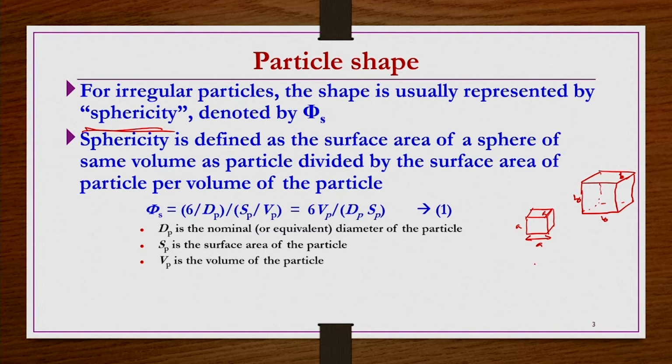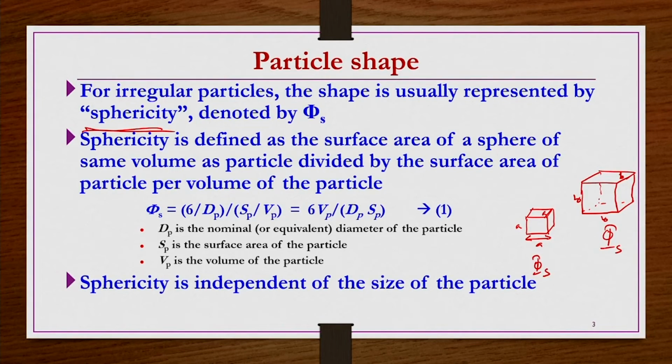Then the sphericity for the smaller cubical particle and the sphericity for the larger cubical particle are not going to be different, they are going to be the same. We can prove that by taking different cubes, calculating the sphericities, and finding this. The same is true for any shape of particle. If you take short cylinders, hemispheres, Raschig rings, or any irregular particles, maintain the shape of the irregular particle but change the size, and then calculate the sphericity, you are going to get the same sphericity.